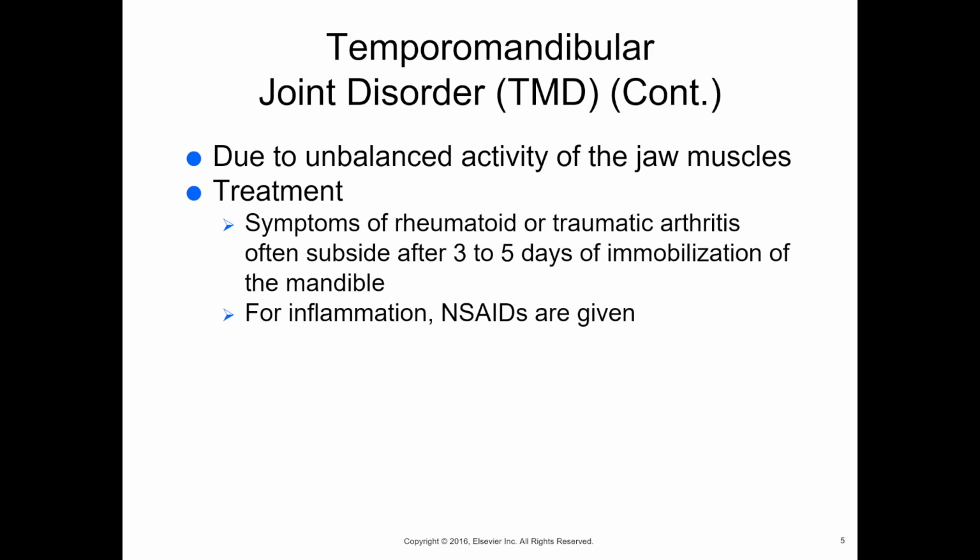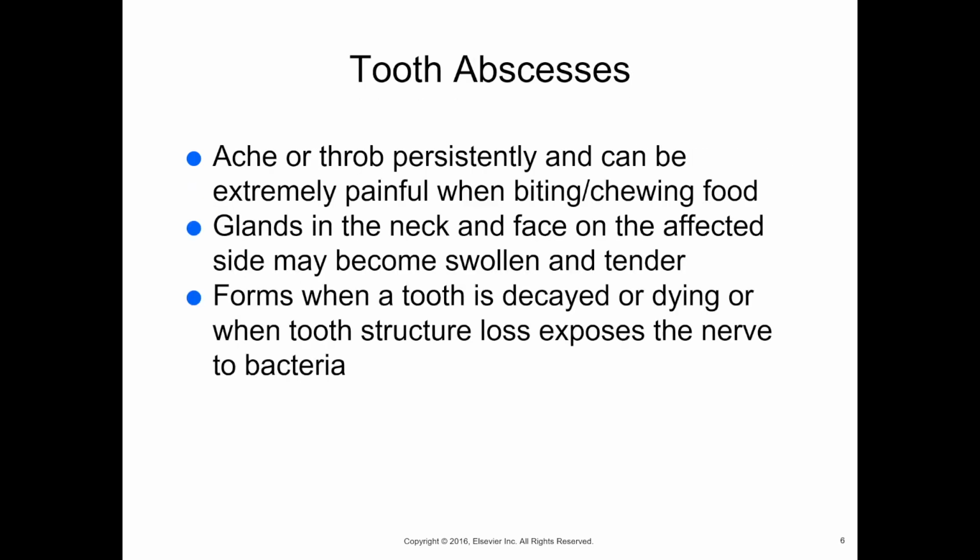Treatment-wise, there is essentially a splint that can go in the mouth to help offset some of these imbalances, and there are rehabilitation protocols that exist, essentially exercises for the jaw, and there are also things like manual manipulation of the jaw that can help as well. In general, though, dentists and other related specialists, like orthodontists, etc., are typically the primary individuals that treat these conditions.